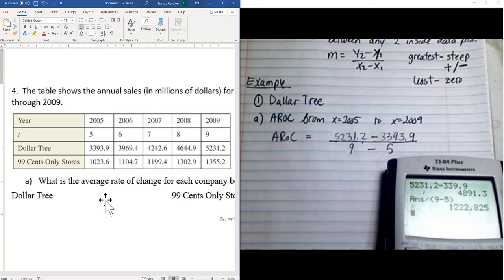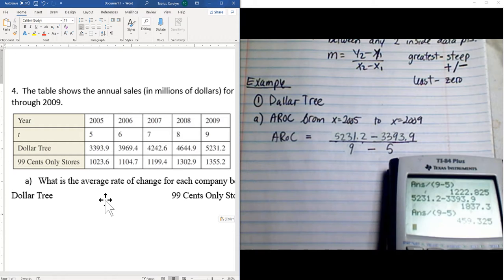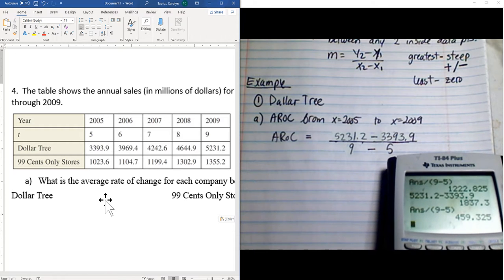Okay. Go ahead and write that down. Let's make sure I don't have any typos. Oh, I do have a typo. I see it. Let's try that again. 3393.9. Okay. There we go. All right, let's go ahead and write that.